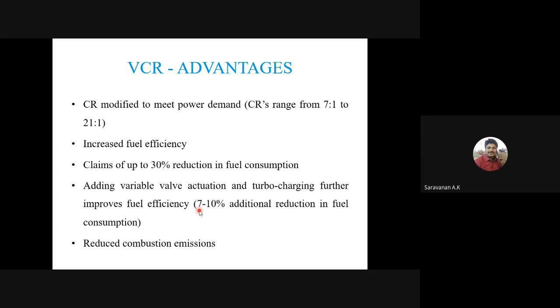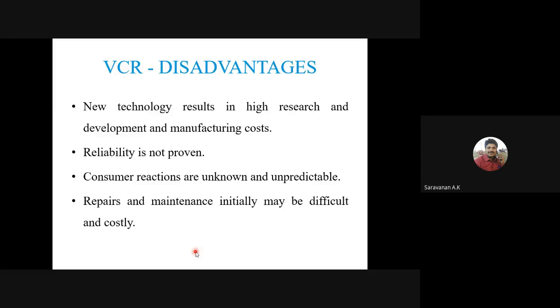It will have better mixing and better burning. Due to the better combustion, the emissions will be reduced and at the same time the fuel efficiency will improve. We can also reduce the combustion emissions. So these are all the advantages, and these are the disadvantages.